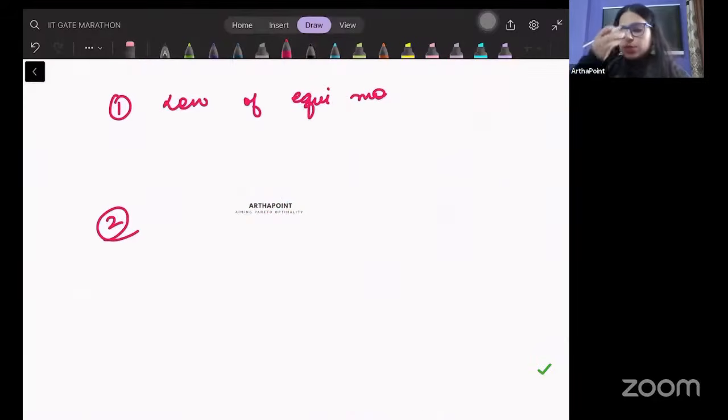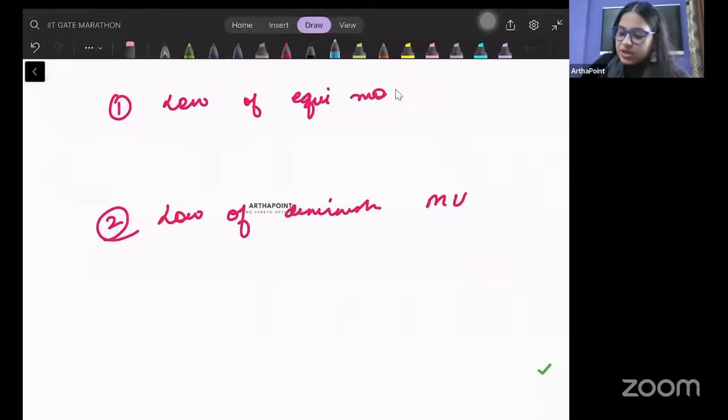So then you have to remember two laws. One is the law of equi-marginal utility, one is the law of diminishing marginal utility. I have written about both of them. Read that, but just remember that equi-marginal utility can be applied to two things.